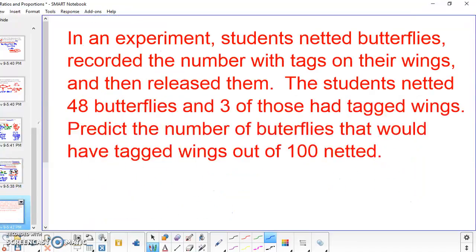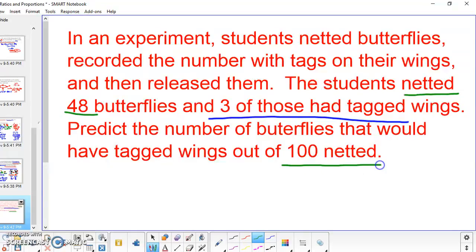Okay, the last one. In an experiment, students netted butterflies, recorded the number with tags on their wings, and then released them. So the students netted 48 butterflies, and 3 were tagged. Predict the number of butterflies that would be tagged if there were 100 netted.